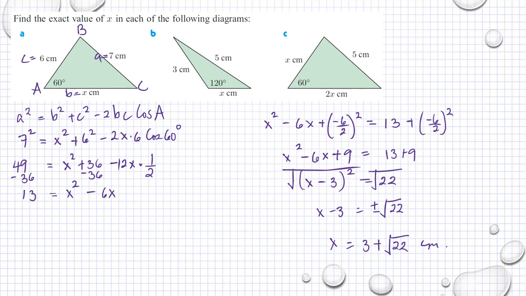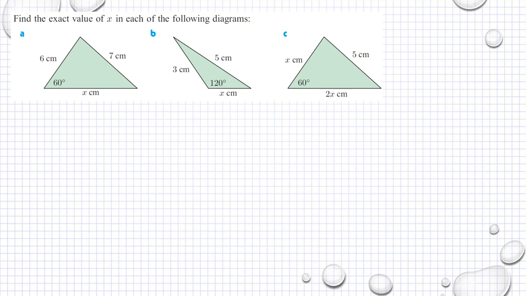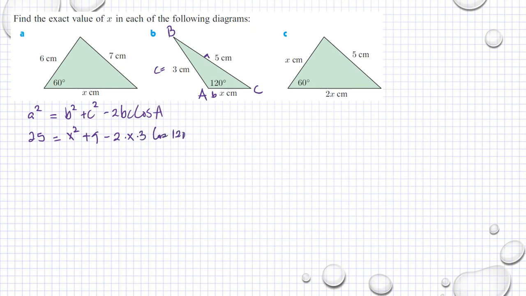Okay, let's try B. We have B here. So if this is our A, this is our B, this is our C, then we have A squared is equal to B squared plus C squared minus 2BC cosine A. Then this is our B, our C, our A. So we have 5 squared, 25, B squared, x squared, C squared, 9, minus 2 times x times C, which is 3, cosine 120 degrees.